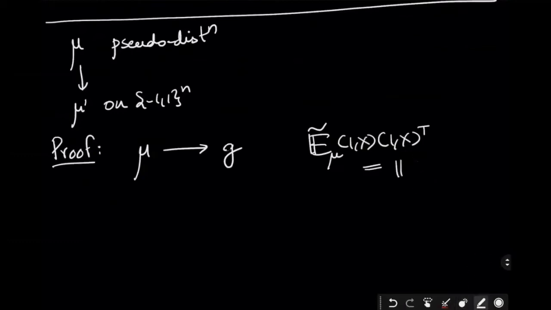We've been able to maintain exactly the same first and second moments, right? So the Gaussian has the same mean and the same covariance.